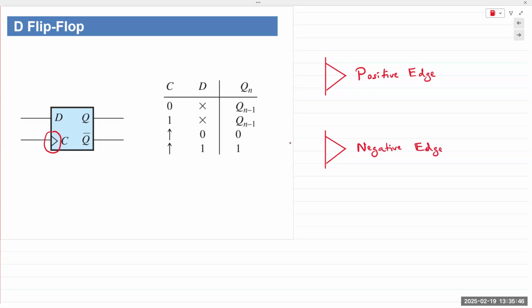You want to know how the negative edge is implemented? Actually, note it. A bubble outside indicates it.